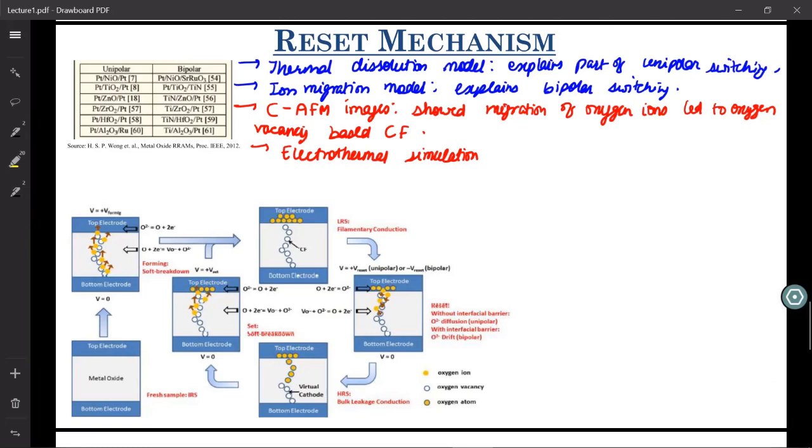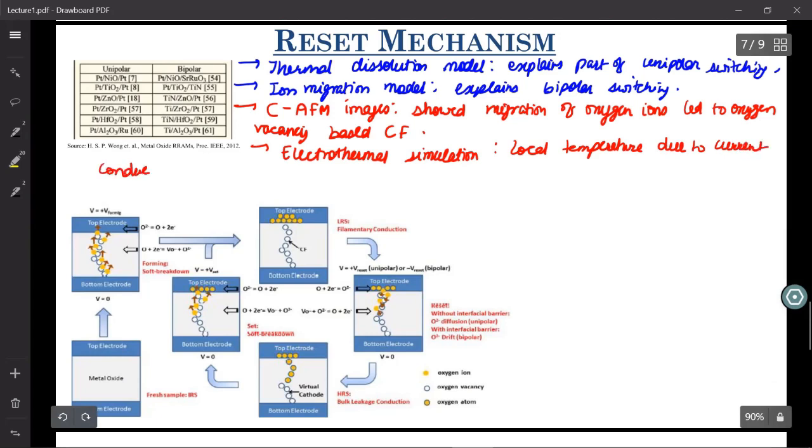Once you do that, the electrothermal simulations of unipolar devices or even bipolar devices showed that the local temperature due to current conduction through the conduction filament may reach several hundred Kelvin.